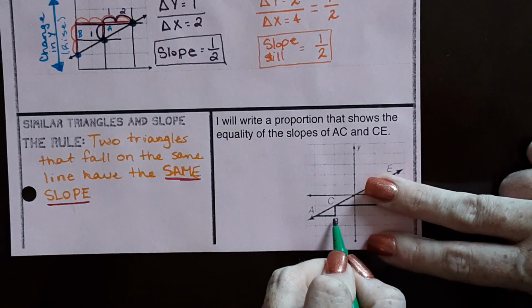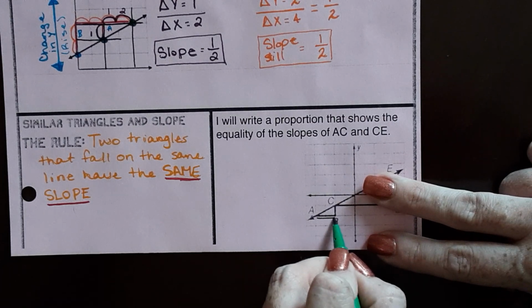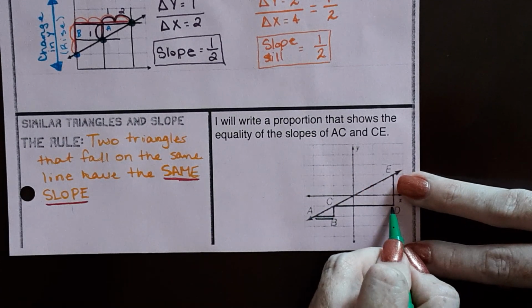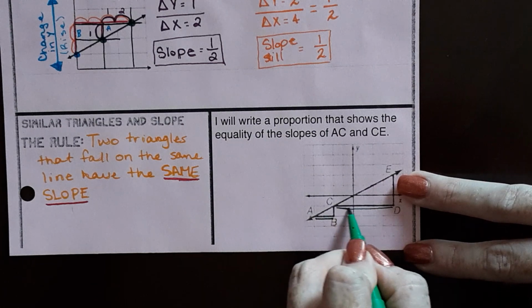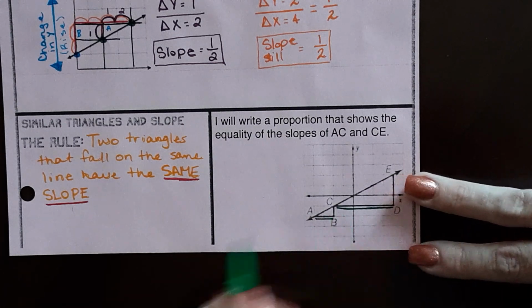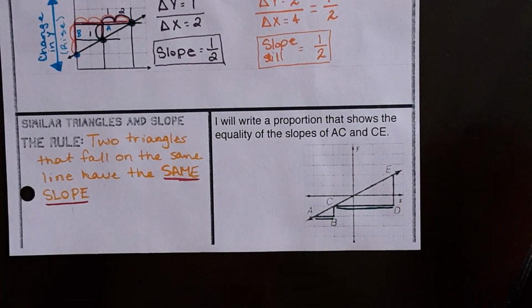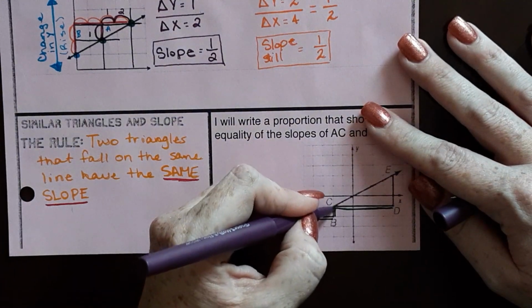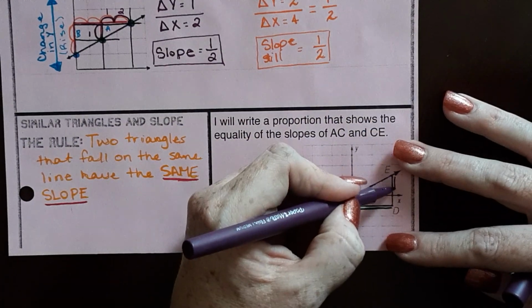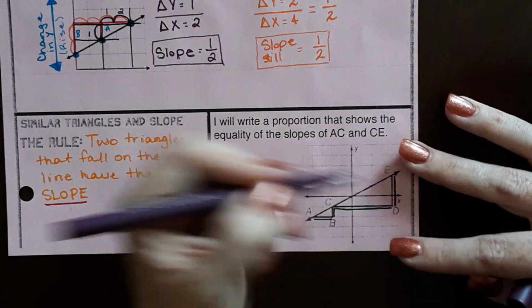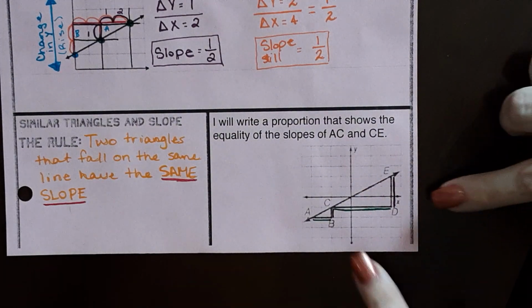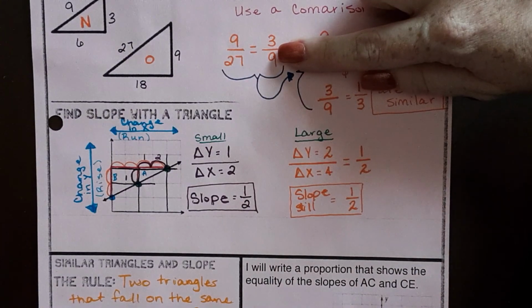You will compare this line here to this same side here, and you will compare this height here to this height here. Set your proportion up like this.